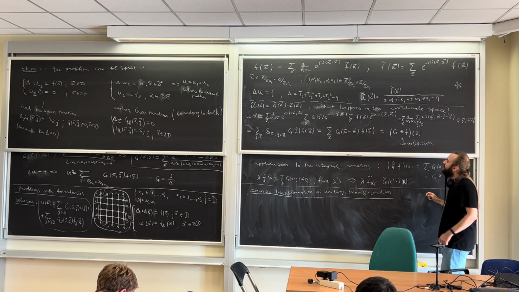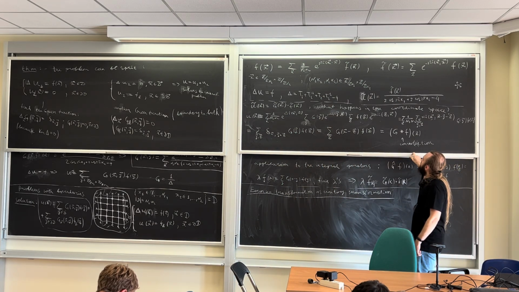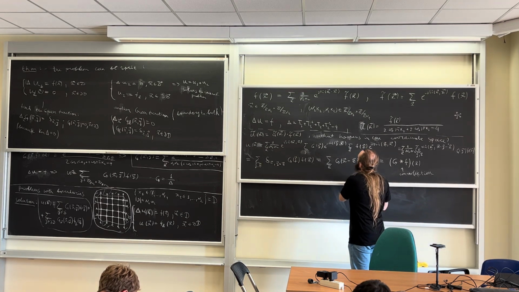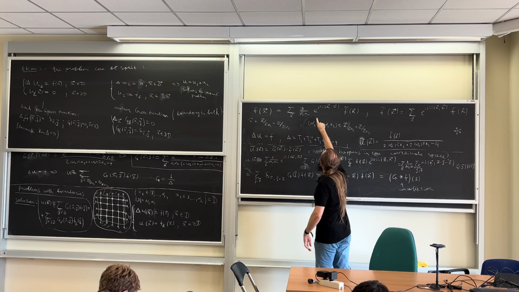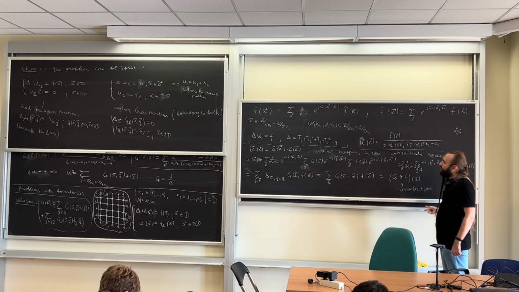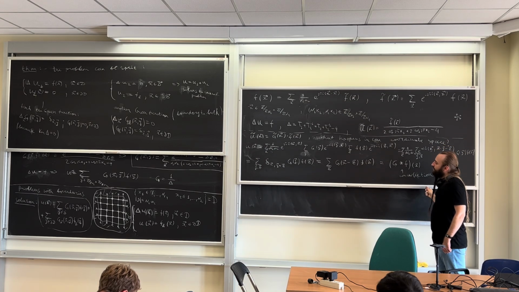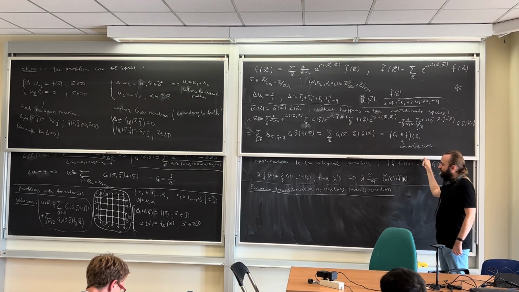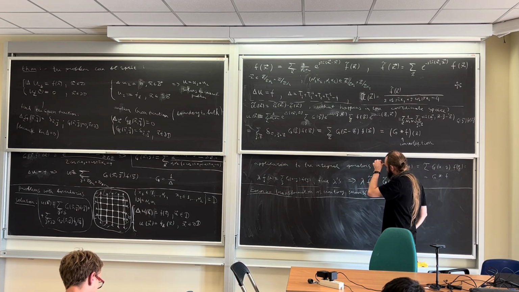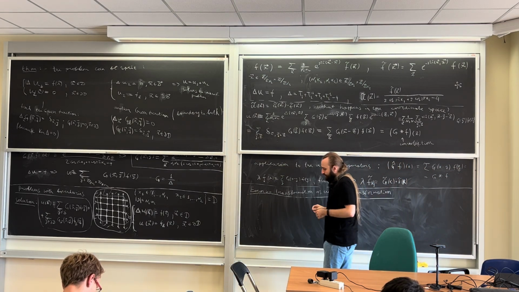So we still have these formulas for the direct and inverse Fourier transform. And now let us define the scalar product on our space of functions.